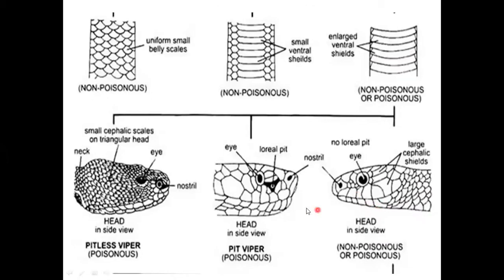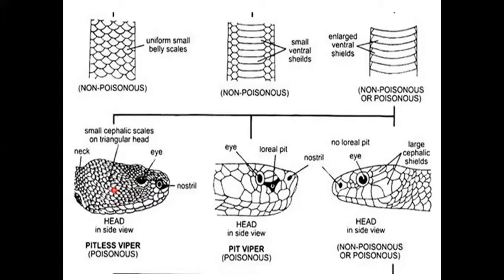So if they have such large ventral scales, then you have to observe the head of these snakes. When you observe the head, you may find some very small scales on the head.